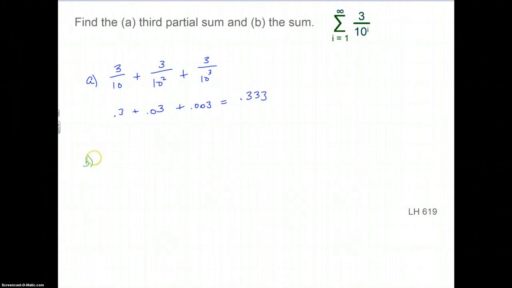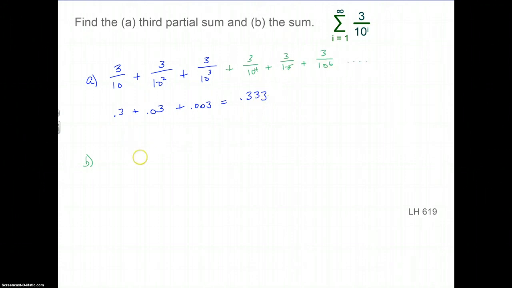For part B, we need to think about what's going on here. This is going to continue. I'm going to write it up here: plus 3 over 10 to the 4th, plus 3 over 10 to the 5th, plus 3 over 10 to the 6th, and so on.